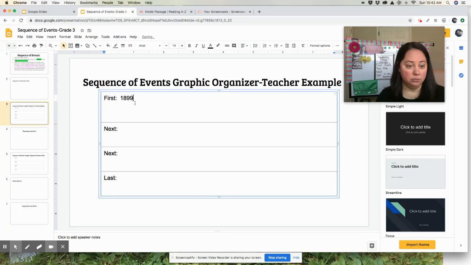So I'm going to put that. It's also important to remember when you're writing in a graphic organizer, or in this case, we're typing, that you don't need to have complete sentences. It doesn't need to be perfect. So we know first she was born.